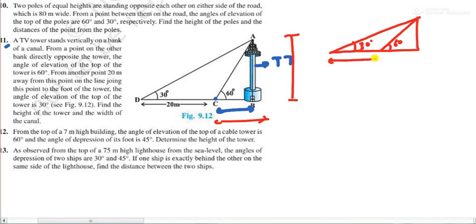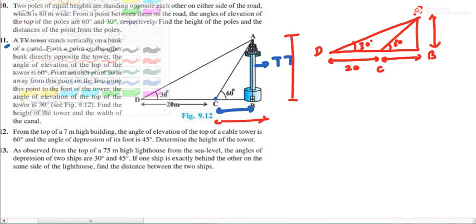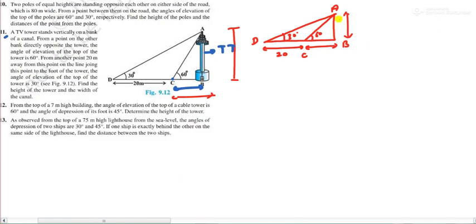Now this distance is given as 20. This is unknown and this is the height of the tower which you have to find. They have named this as D, this is A, this is B, this is C. So we need to find both BC and AB.